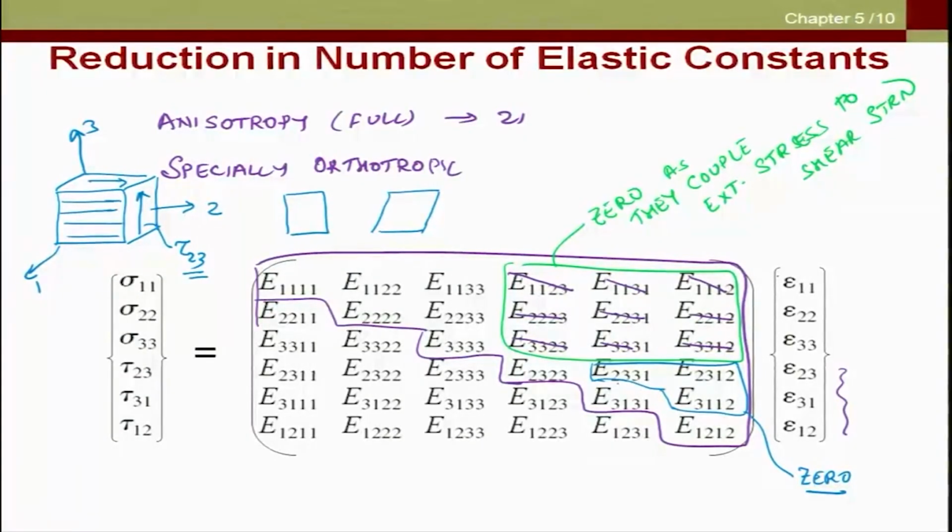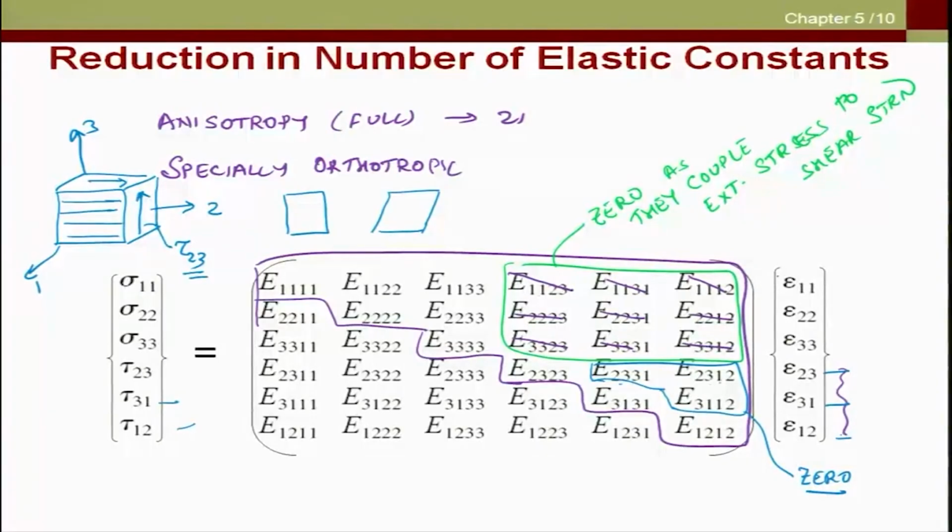And these terms 2-3-3-1, 2-3-1-2, 3-1-1-2, they couple shear in other planes also. So, they will also be 0, okay. So, tau 2 3 will only generate epsilon 2 3, tau 3 1 will only generate epsilon 3 1 and tau 1 2 will only generate epsilon 1 2, okay.